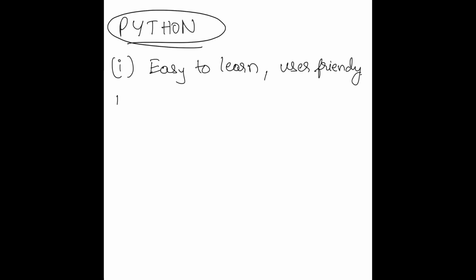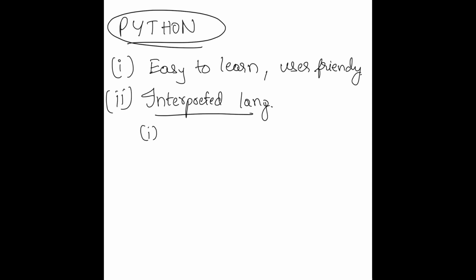It is an interpreted language. What do we mean by interpreted language? Interpreted language means it runs code line by line. It executes each line first and then moves to the next line.